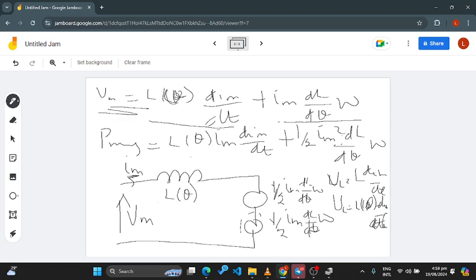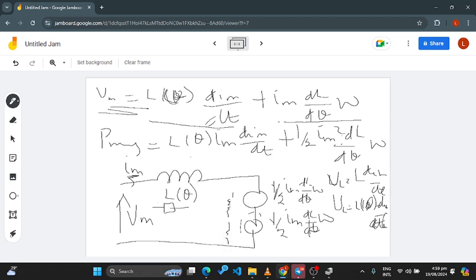Let's look at something. Let's view this as a certain impedance. Let's view this as a certain impedance, say a certain resistance. Then this has also a certain resistance.